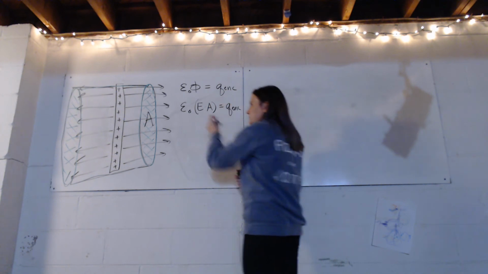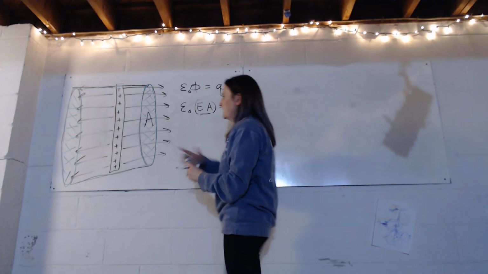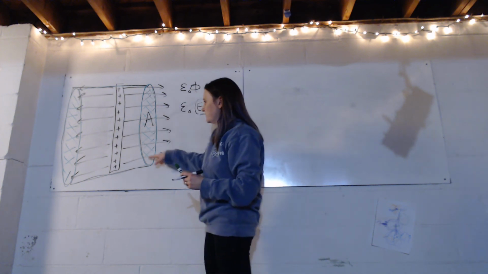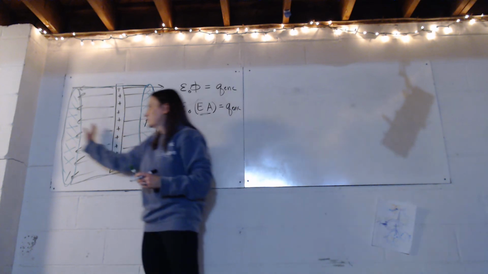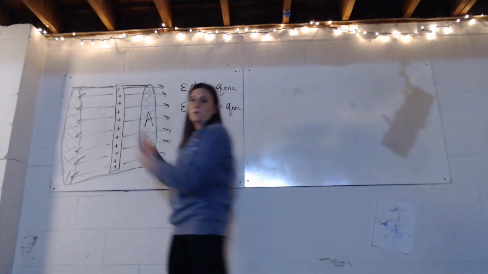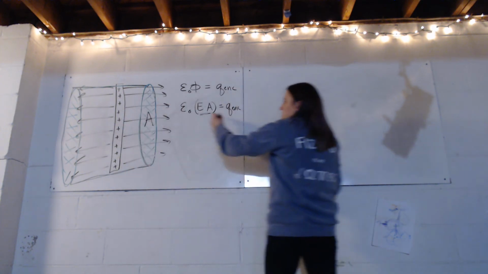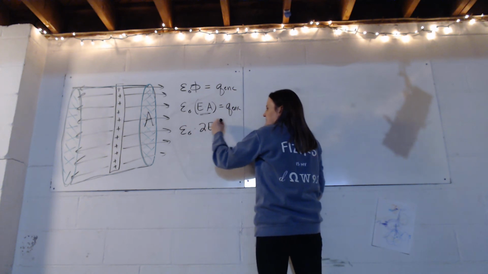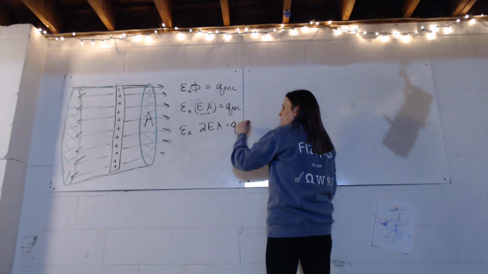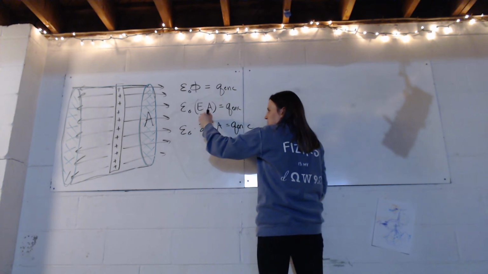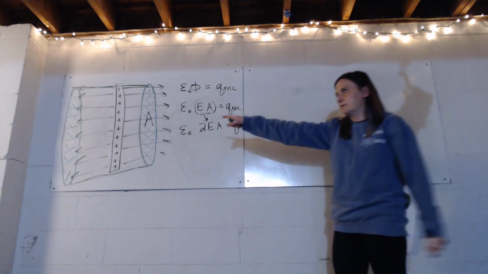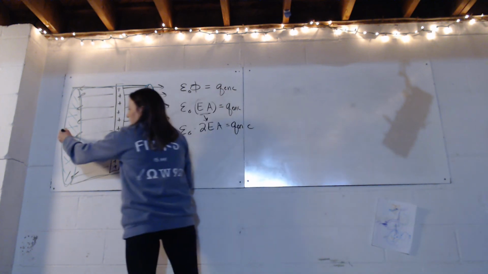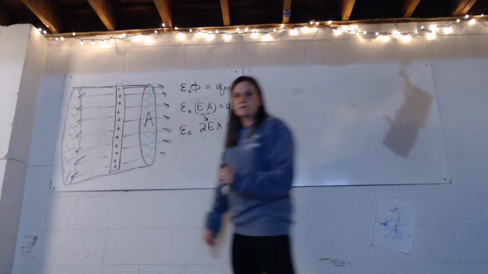But if we actually go and look at this E times A, right? If I call the circular face of this cylinder A, it actually pierces two of these, right? One on either side of the sheet. So epsilon naught times 2EA is really equal to the charge enclosed. When I take what flux is and look at the specific geometry of this thing, I have field lines piercing this side and field lines piercing this side. So that's where that 2 comes from.